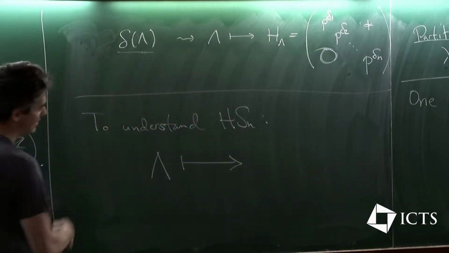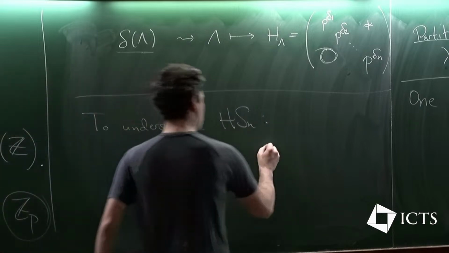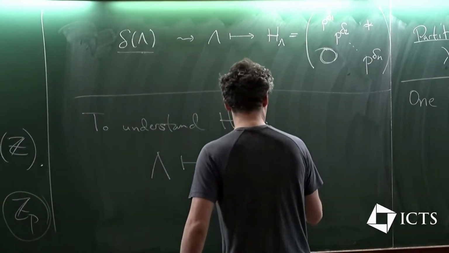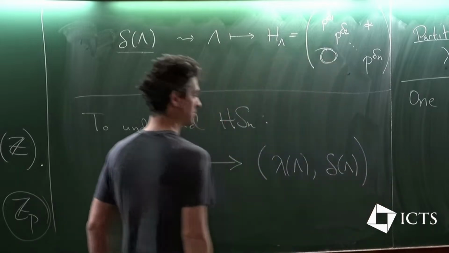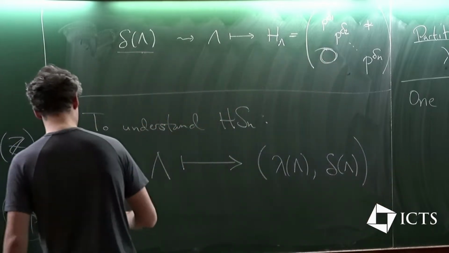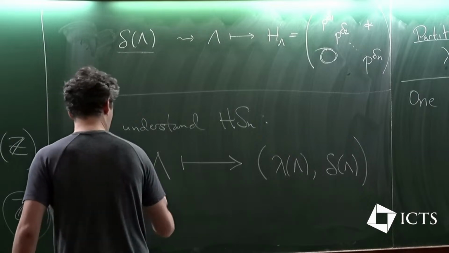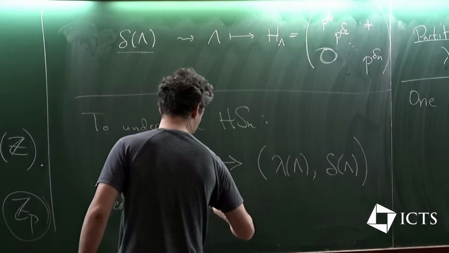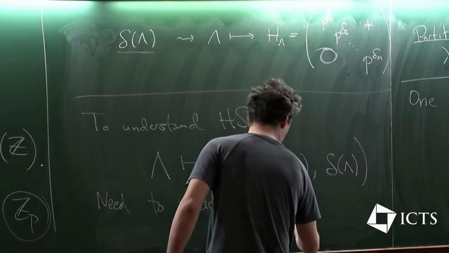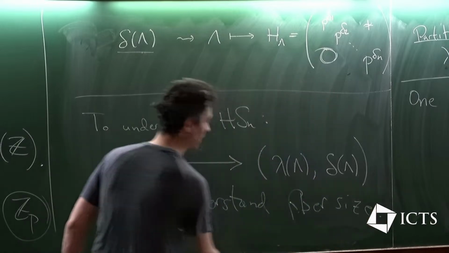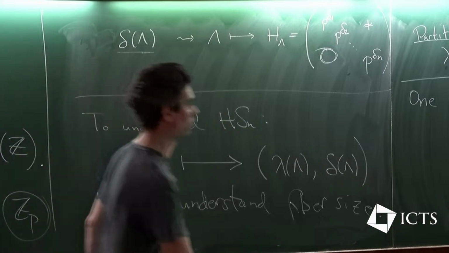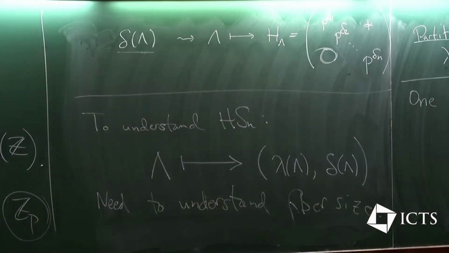The set of lattices, we want to understand the fiber sizes of this map. Okay? And that's what we did in the Smith normal form case. That's exactly what this F is paid to do.